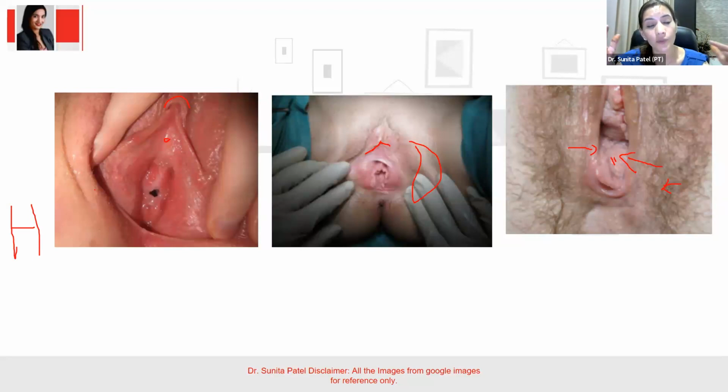They were getting married at a very early age and had sexual activities at an early age. At an early age, the presence of these kinds of structures is very, very common.